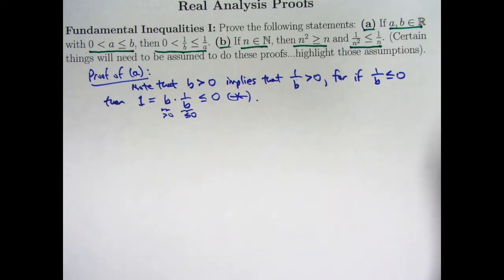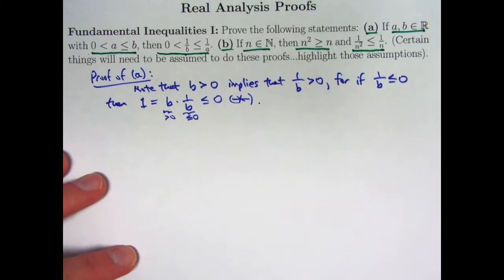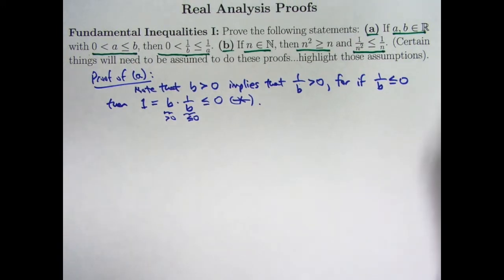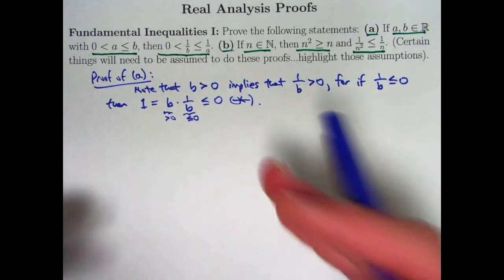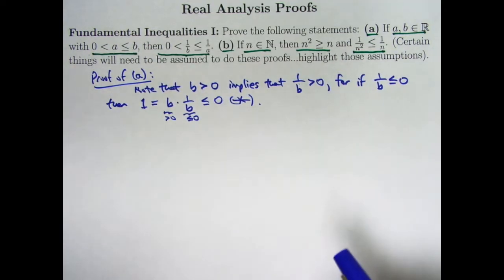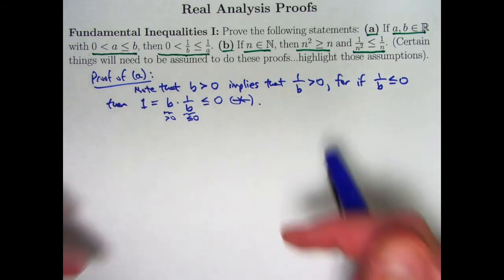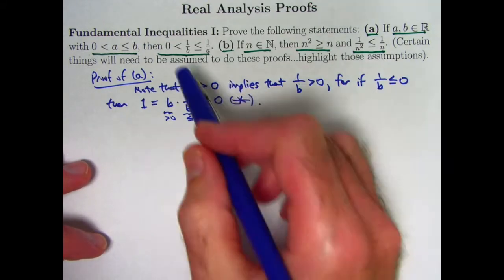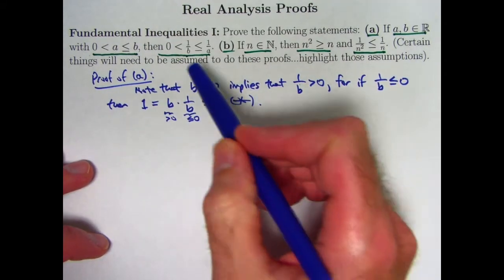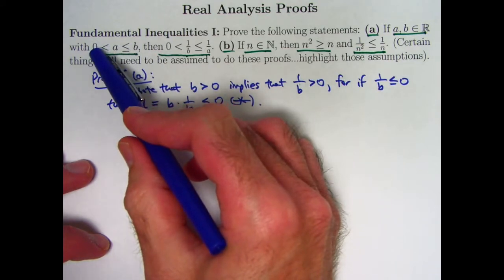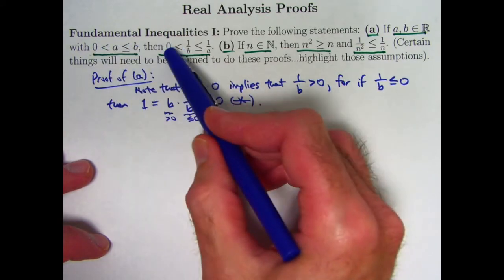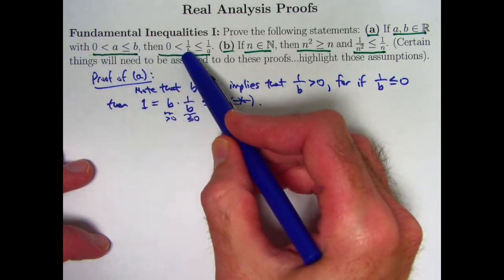Maybe you would want to prove those more from scratch first before doing this proof, or maybe those proofs are in your textbook and you can use them. I'm taking those as something that we can use here right away, but I'm making note that I'm assuming that you can use those things. So we've got if B is positive, then 1 over B is also positive, and that takes care of really the assumption that 0 is less than B, and therefore 0 is less than 1 over B.